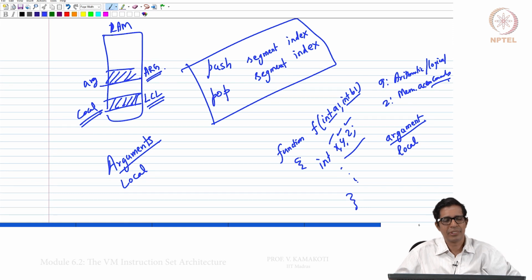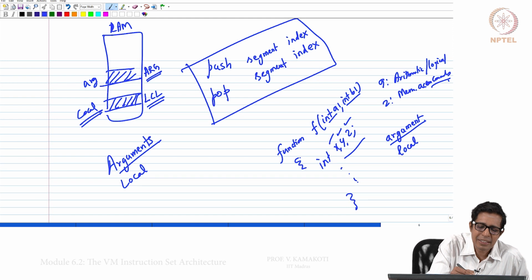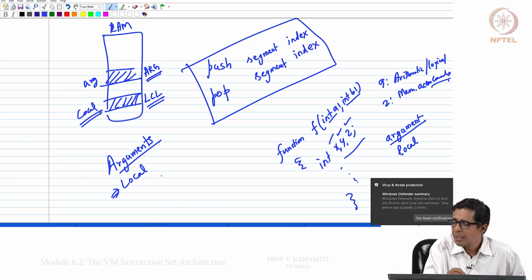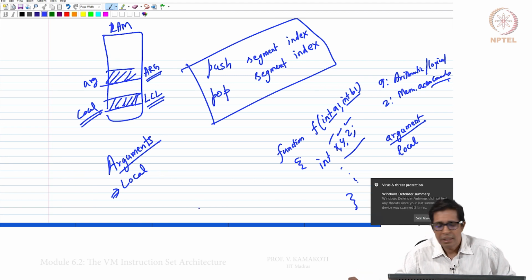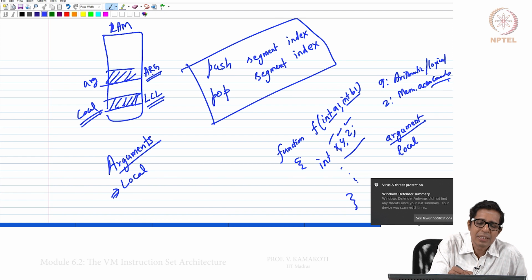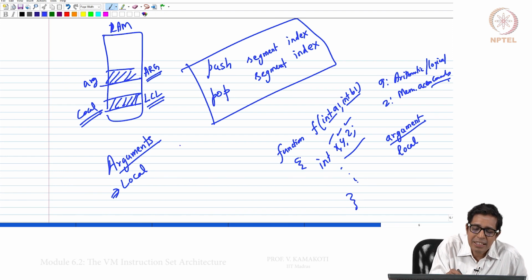LCL is a location that will store the start address of this local segment, and similarly ARG will store the starting address of your argument segment.